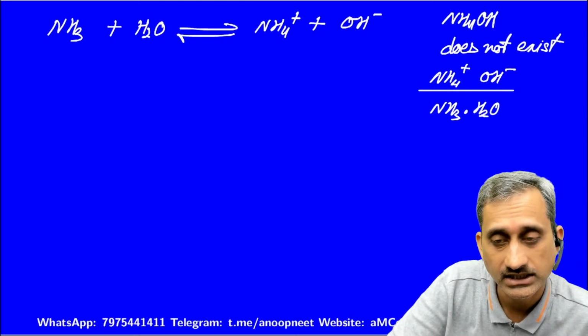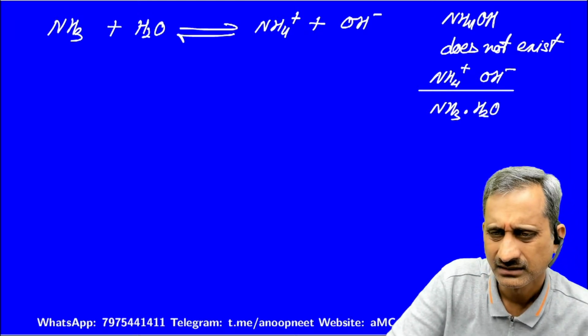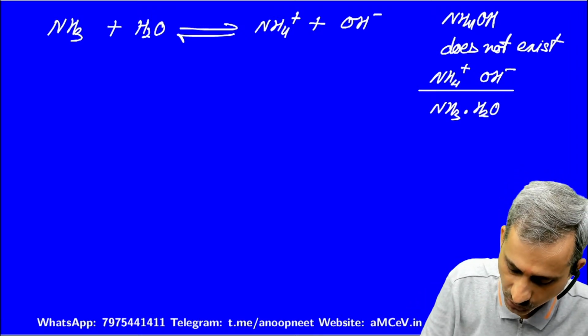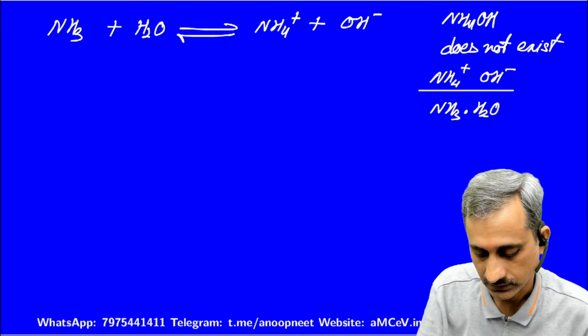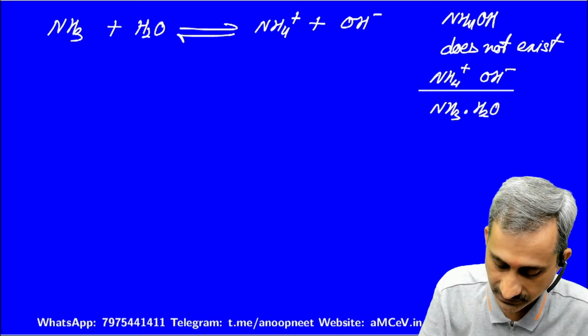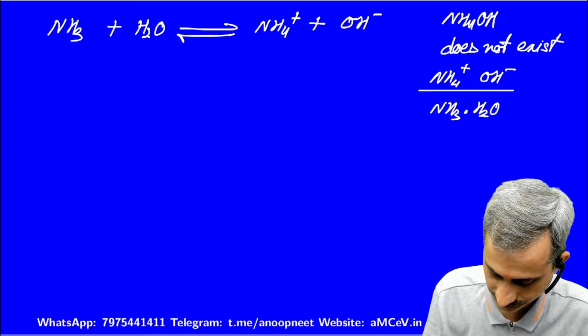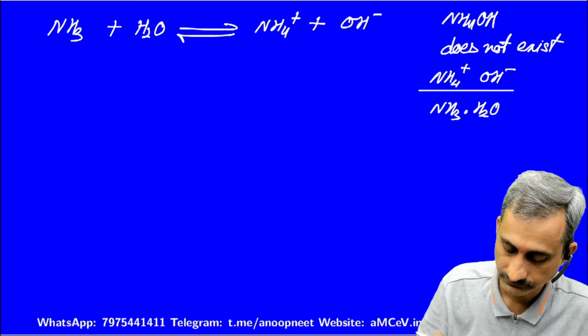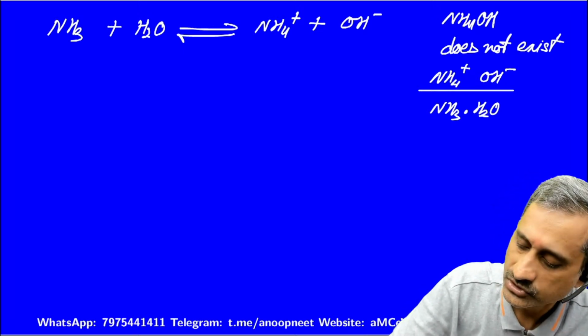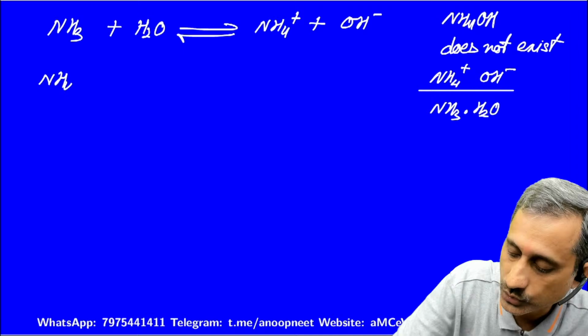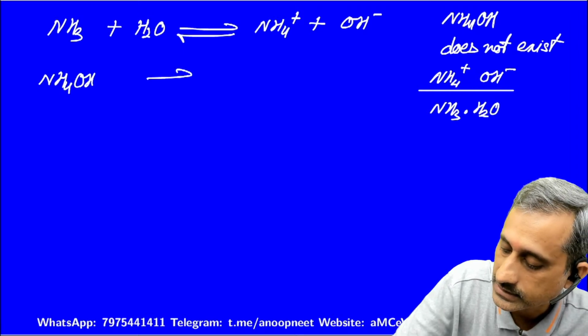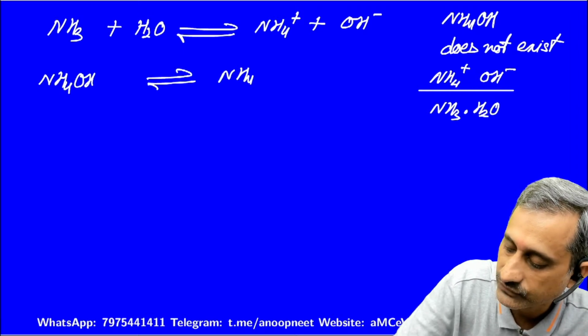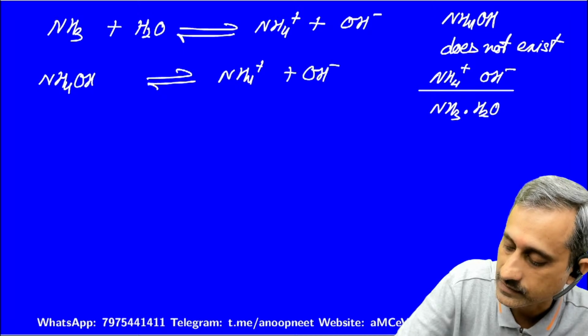It is hydrated ammonia actually. But NH4OH हम इतनी बार लिख चुके हैं कि हम ये मान के चलते हैं कि एग्जिस्ट कर रहा है. ठीक है, चलिए कोई बात नहीं, हम लिख देते हैं NH4OH is in equilibrium with NH4 plus OH minus.